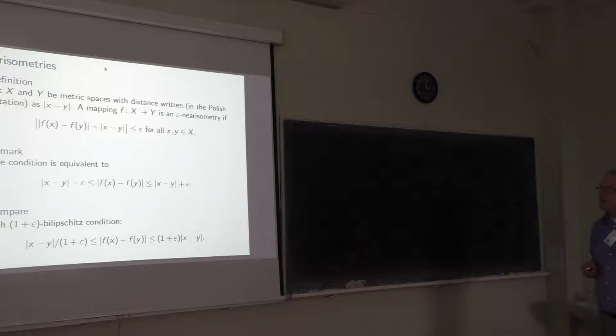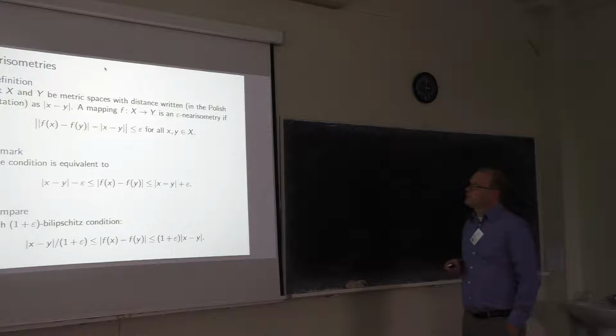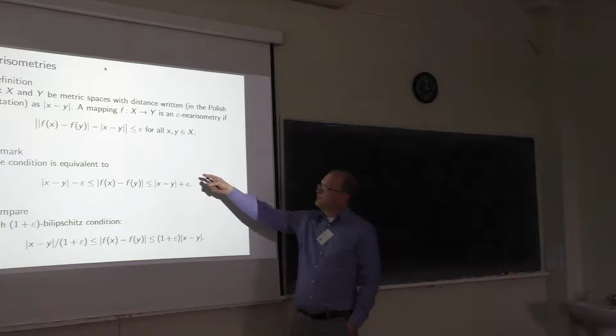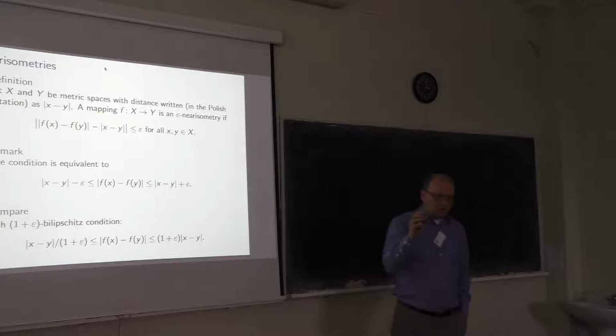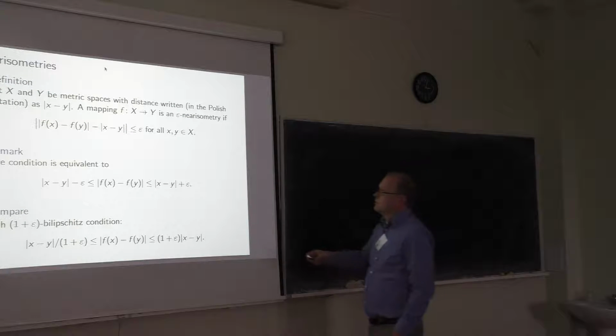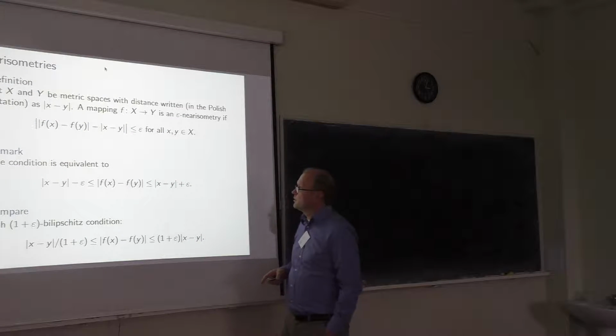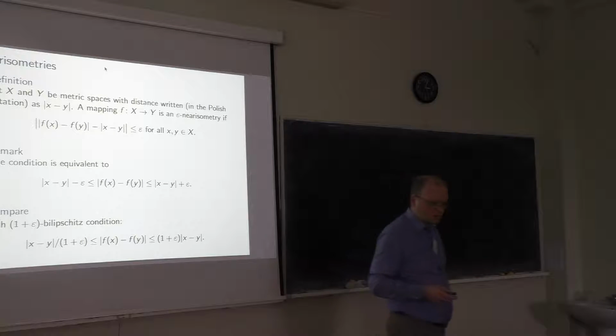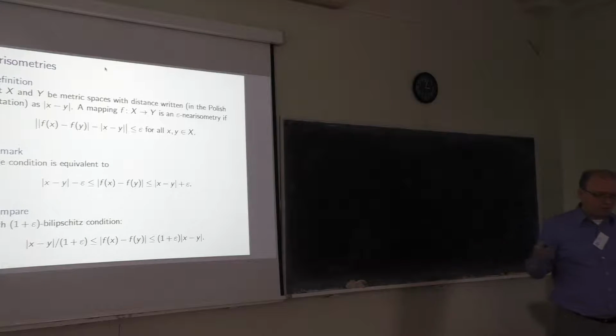So we have an epsilon near isometry, a mapping which changes distances only in some additive way, and usually the additive constant epsilon is rather small, but of course in the definition it can be anything. Some people like to write the condition in this way, but somehow I prefer this one, and I mention both of them so that nobody can say after this talk that I didn't understand anything. They are equivalent.